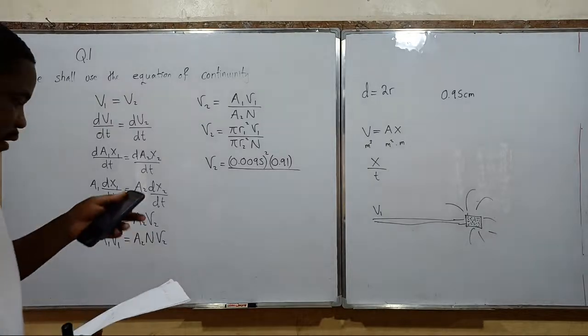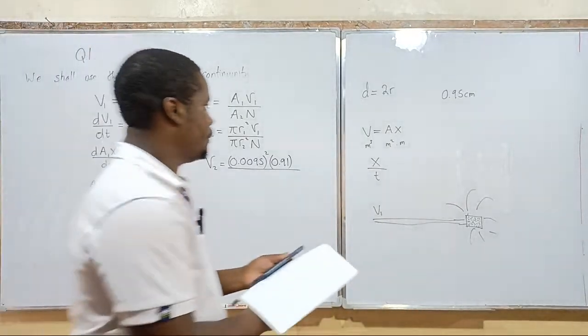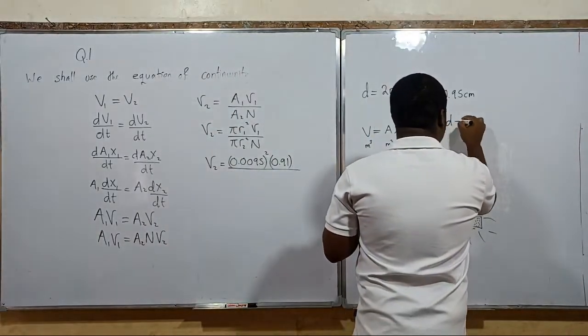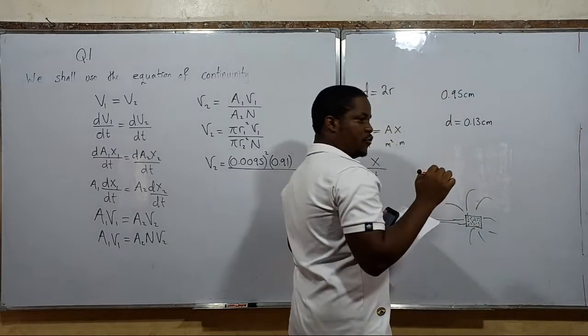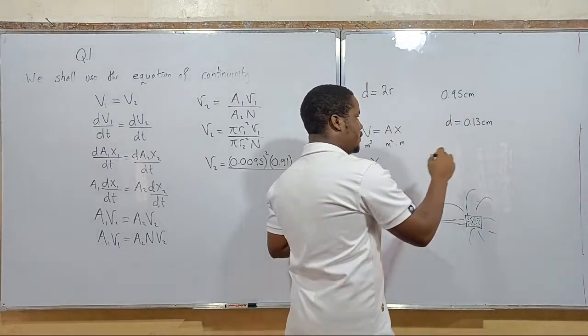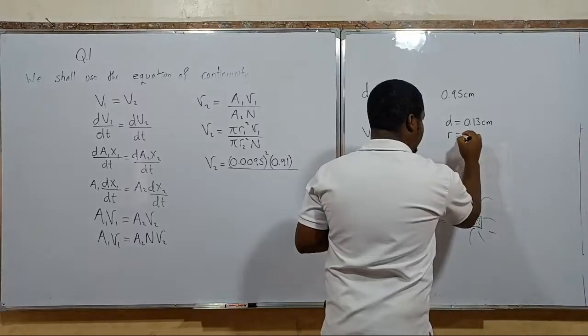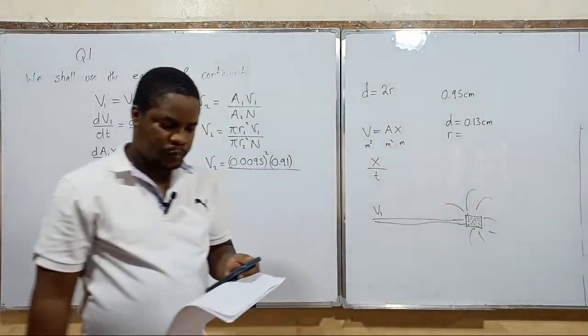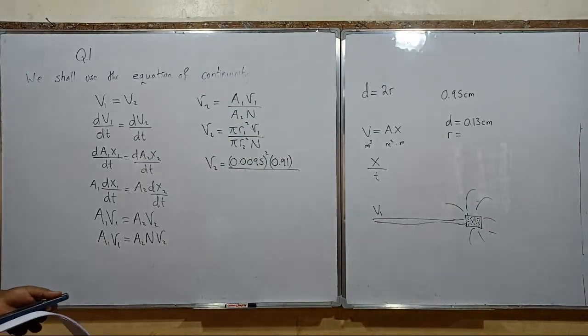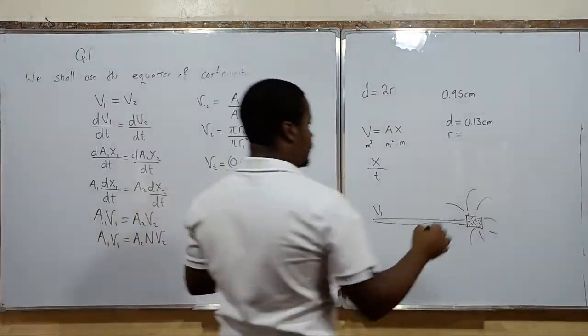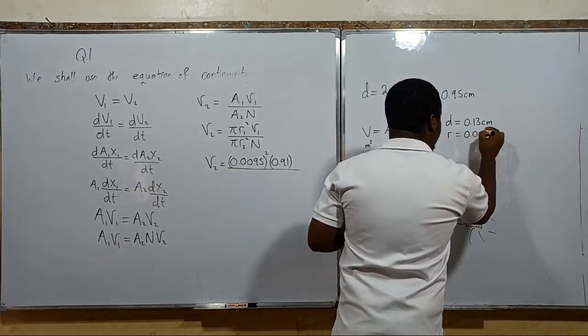So again, this is the diameter. Diameter given is 0.13 centimeters. So how do we find the radius? Divide this by 2. What do we get? Should get 0.065, I think. 0.065.